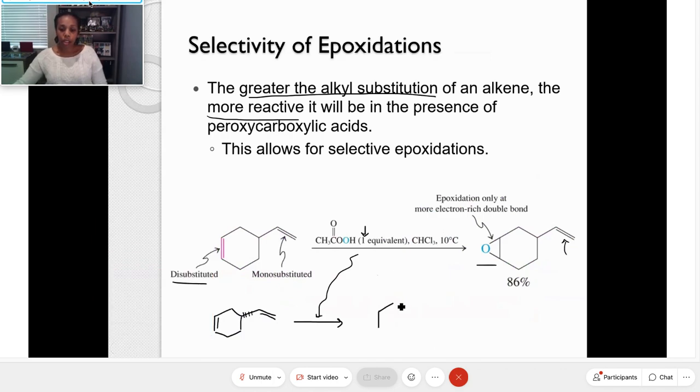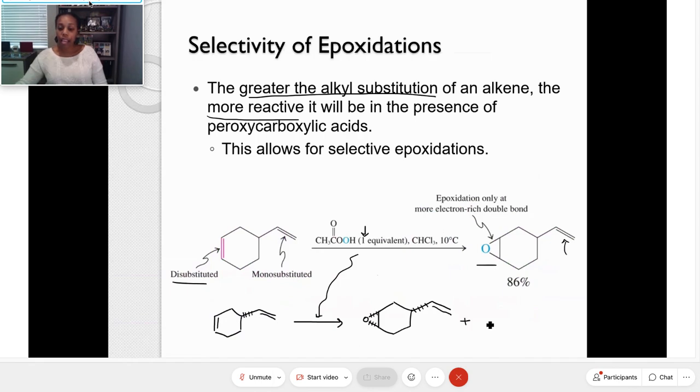So one of our products will be this. So nothing happens here. Double bond there. One of our products will be this. Oxygen is added between those 2 carbons that were the double bond. Now, because it's a syn addition, we're going to add stereochemistry there to that oxycyclopropane ring.